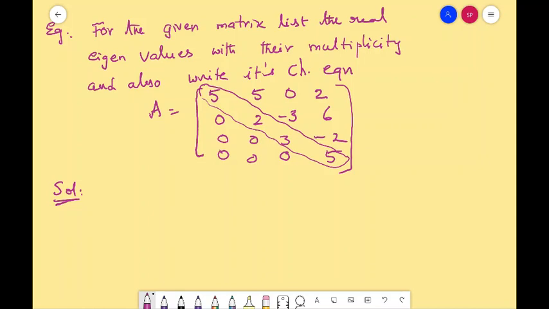So you can say that this is a triangular matrix, upper triangular matrix. So here I will write: A is an upper triangular matrix.